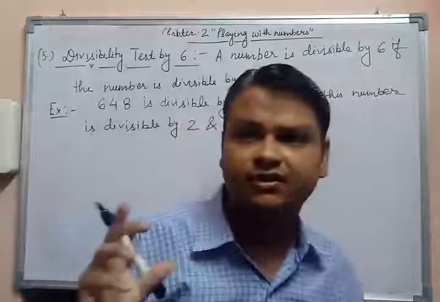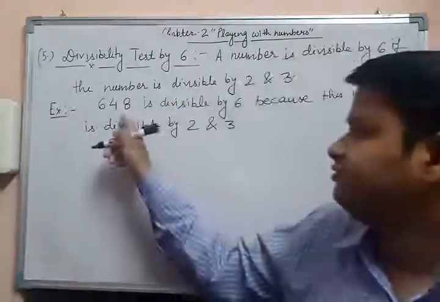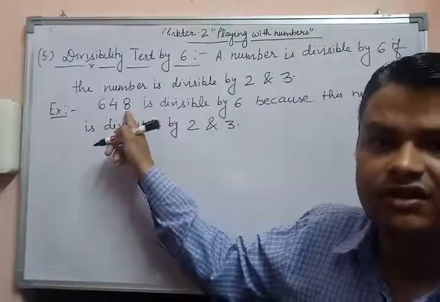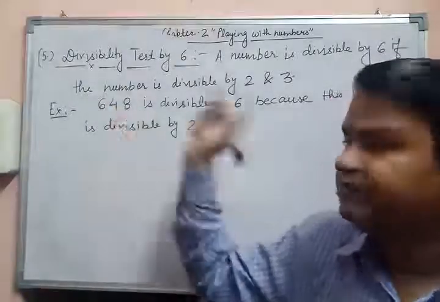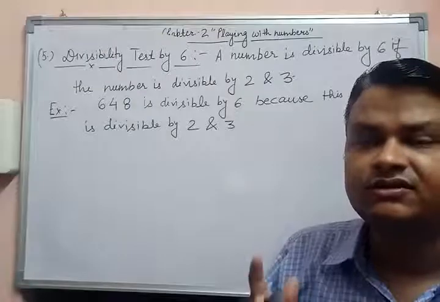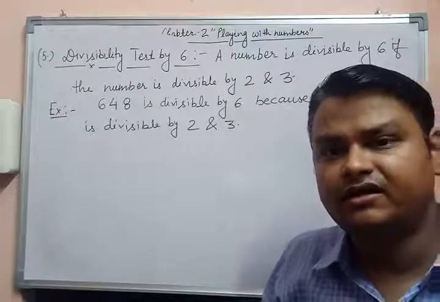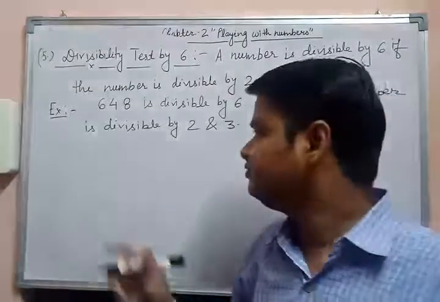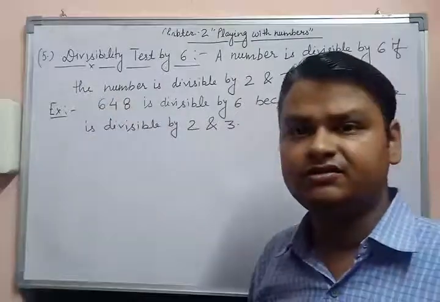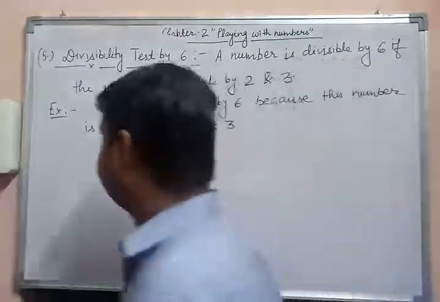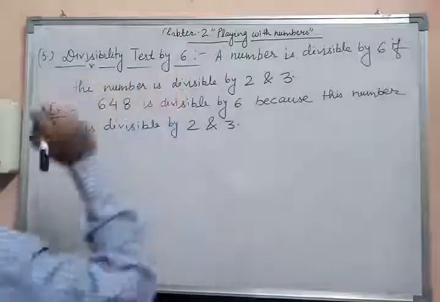How can we say that? Because this number is divisible by 2, since the ones digit is 8, so the whole number will be divisible by 2. And if you sum the digits, 6 plus 4 is 10 and 10 plus 8 is 18, which is also divisible by 3. So we can say that this number is divisible by 6. So this is the rule for this test.